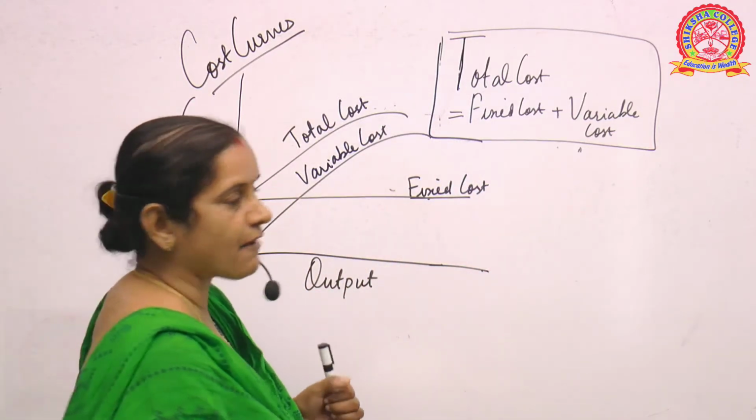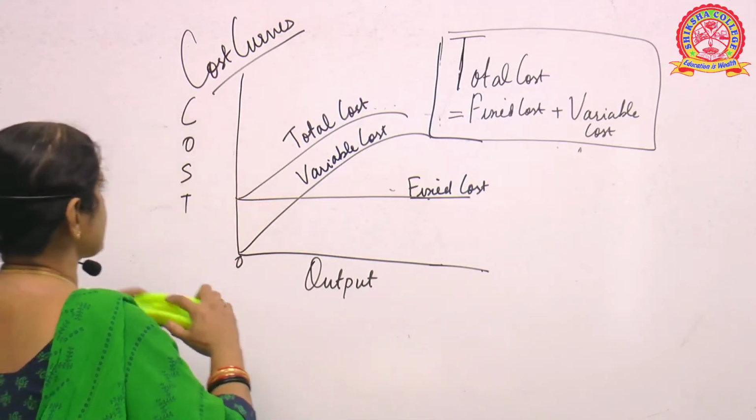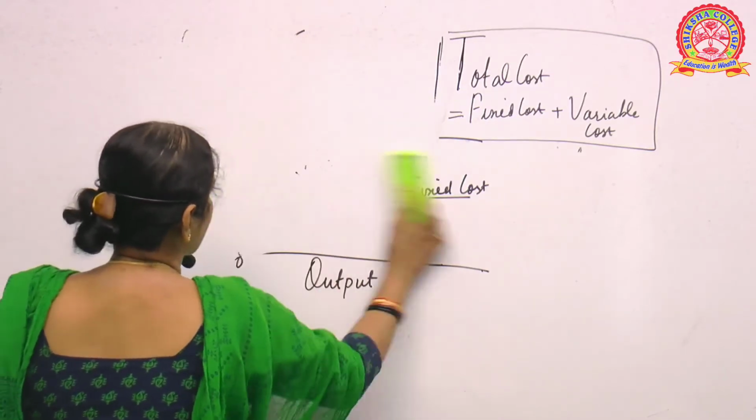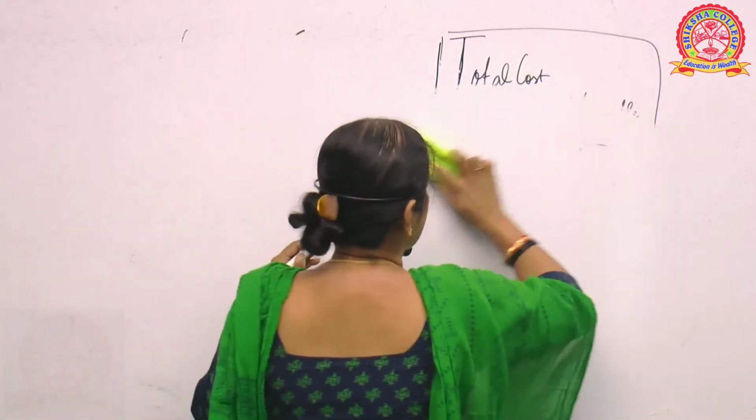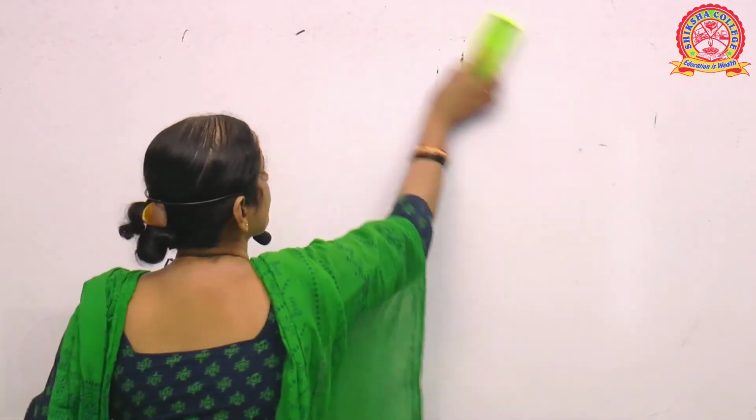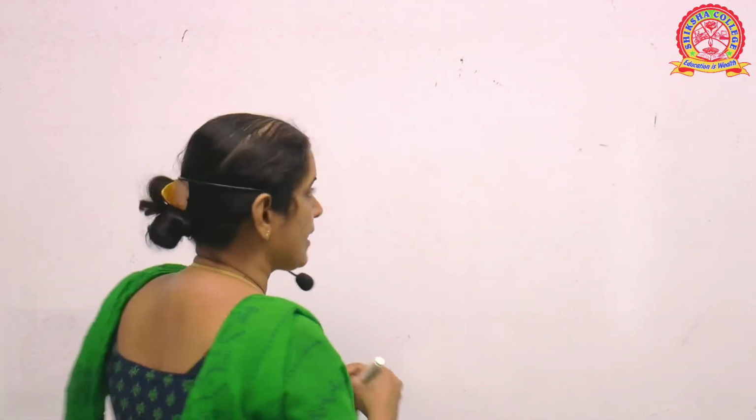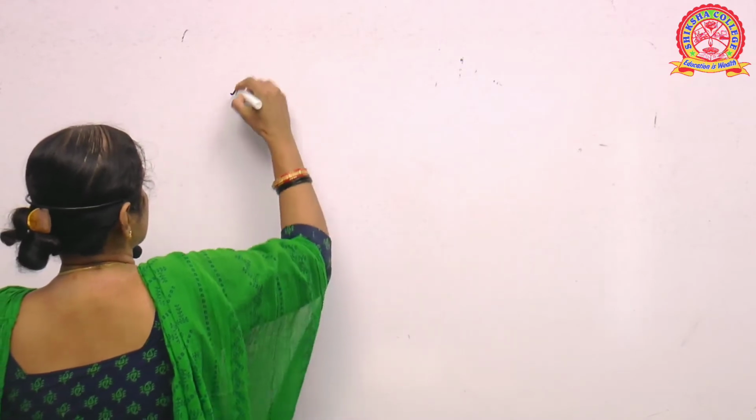Now let us draw average fixed cost. The next another concept of cost is your average fixed cost. Let us discuss that. Average fixed cost, okay.